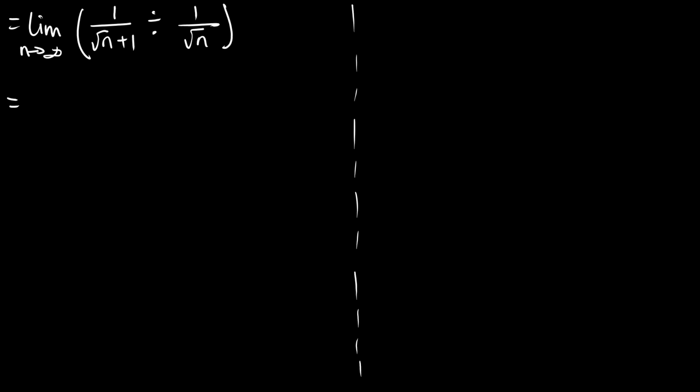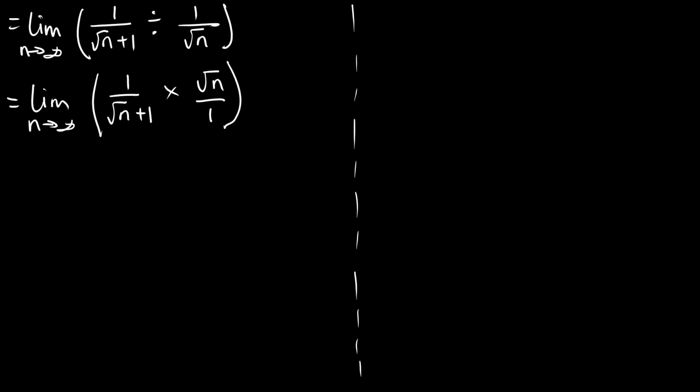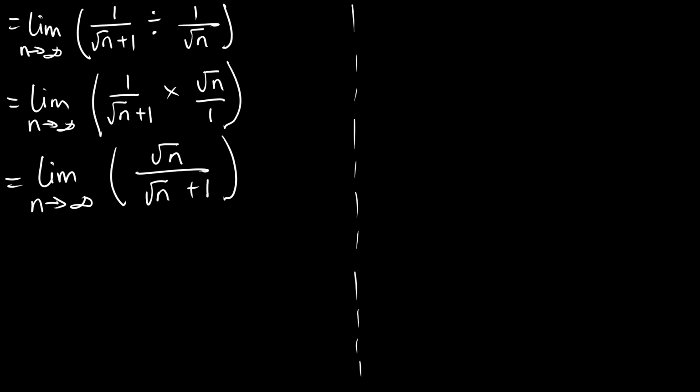This is equal to limit as n approaches infinity of 1 on root of n plus 1. This can turn into multiplication, root of n on 1. This is what we have. Are we good? So this is the same as limit as n approaches infinity of root of n on root of n plus 1. Are we good?